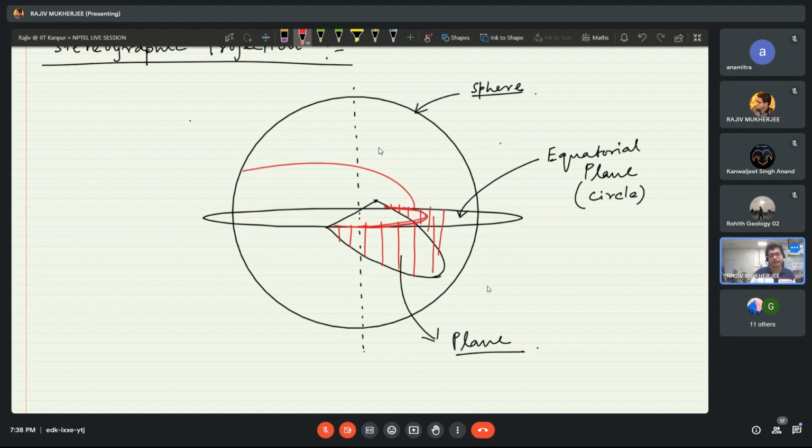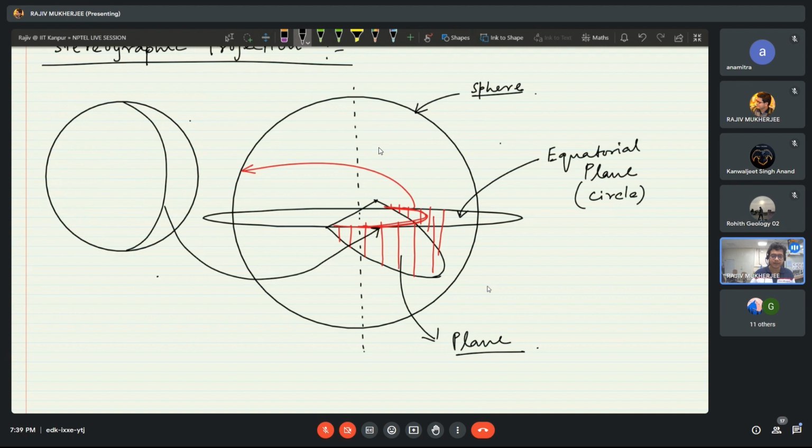If we see it from a horizontal point of view, this would be our equatorial circle, and within that circle we may have an arc. This arc represents the 2D representation of a three-dimensional plane.